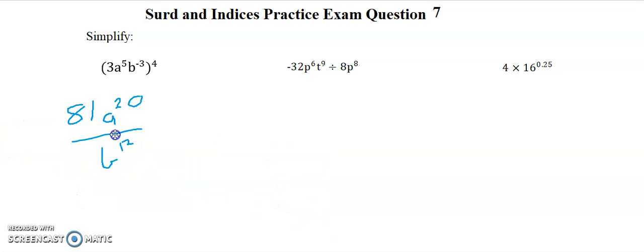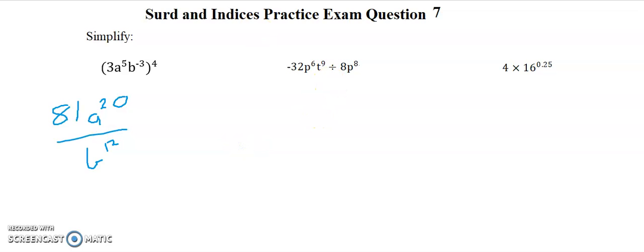So our second question, I like to rewrite it straight away to make it easier. So I'm just going to write it as negative 32 p^6 t^9 over 8p^8.